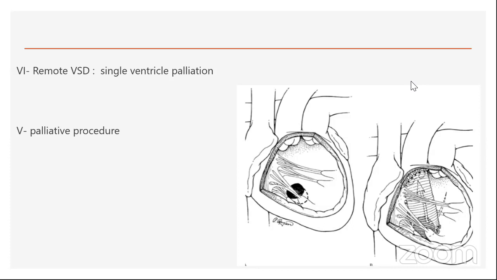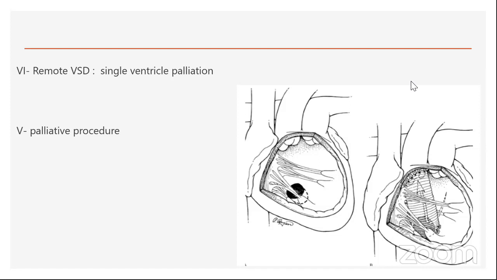To connect this VSD to the far away great vessel, we essentially have to put a proper tube, because it is very hard to tunnel all that pathway along the tricuspid cords.